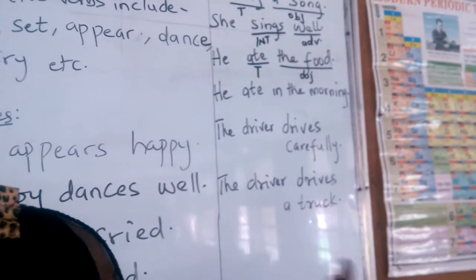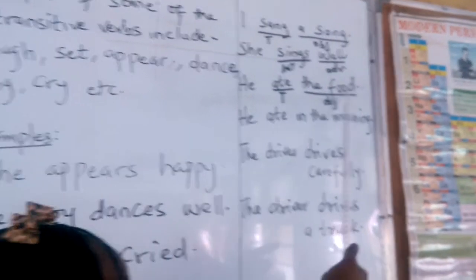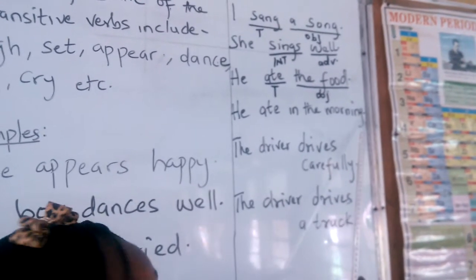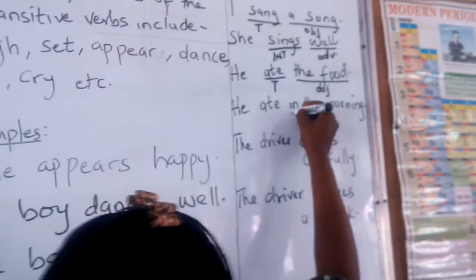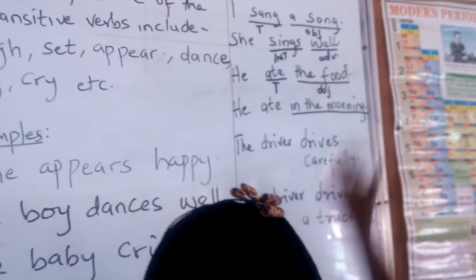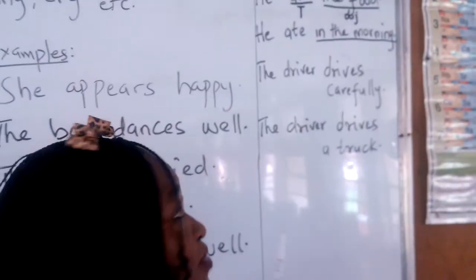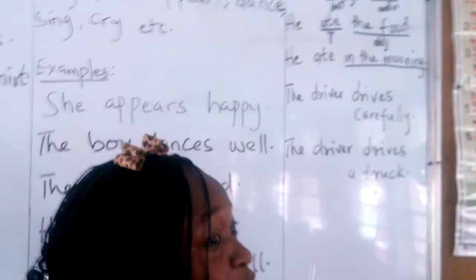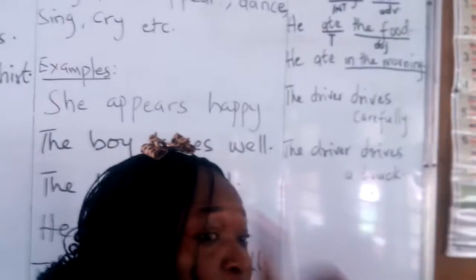He ate in the morning. Now, if you repeat the same question here, what was eaten? The food. If you repeat the question here, it will not take you to in the morning. So what we have here is a prepositional phrase, like an adverb phrase. He ate when? In the morning, answering the question when.